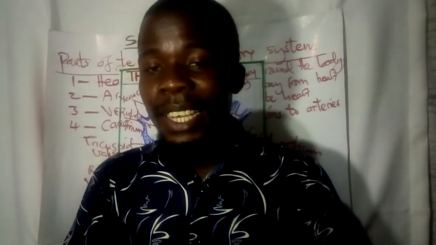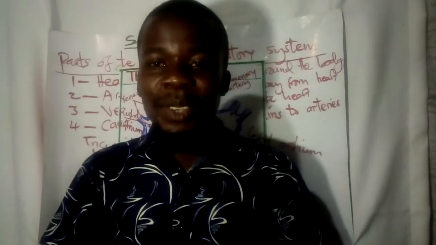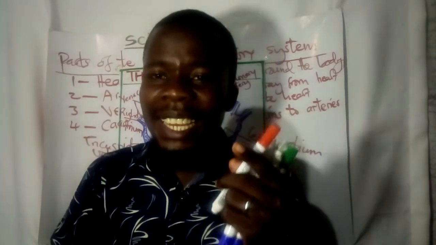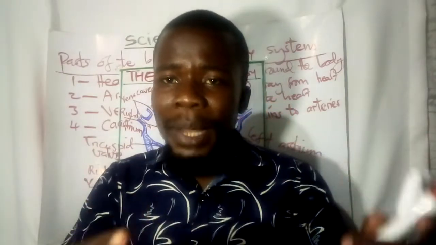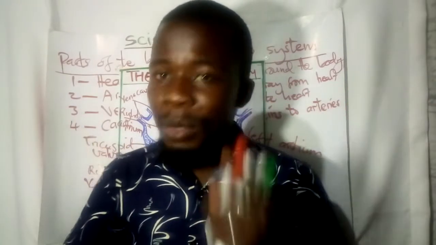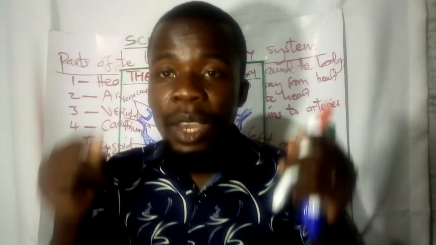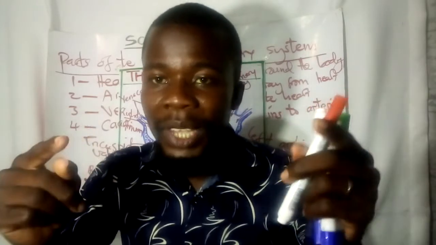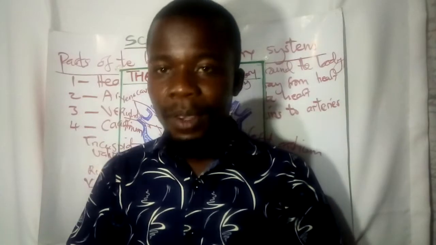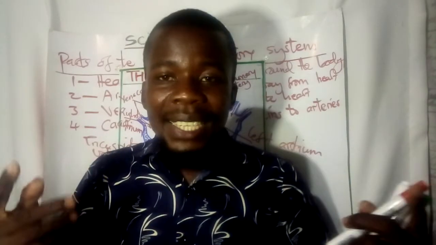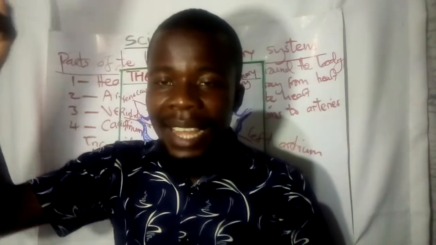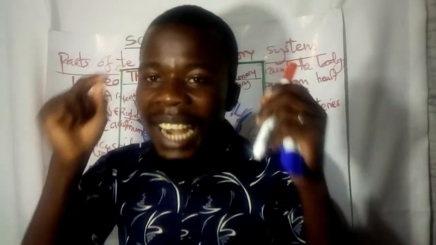Understand? So they can ask you the question. They can say, why is it that blood that comes from all parts of the body looks dark red in color? You'll say, because it contains waste products such as carbon dioxide and urea. Why is it that the blood that comes from the lungs and enters the heart looks light red in color?